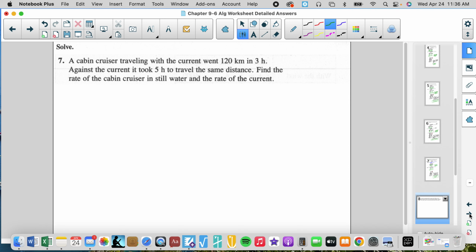A cabin cruiser. Fancy schmancy. Cabin cruiser has to have a couple decks. Maybe even a helipad. And we got the fishing lines going out.